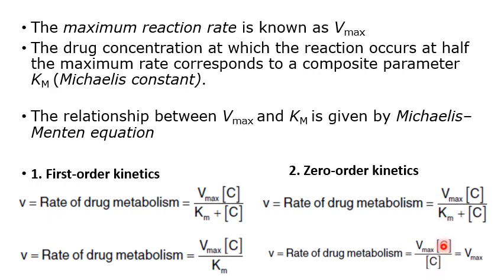Plasma concentration can be cancelled with plasma concentration, and therefore the rate of drug metabolism will equal Vmax, which is a constant despite the change in plasma concentration.